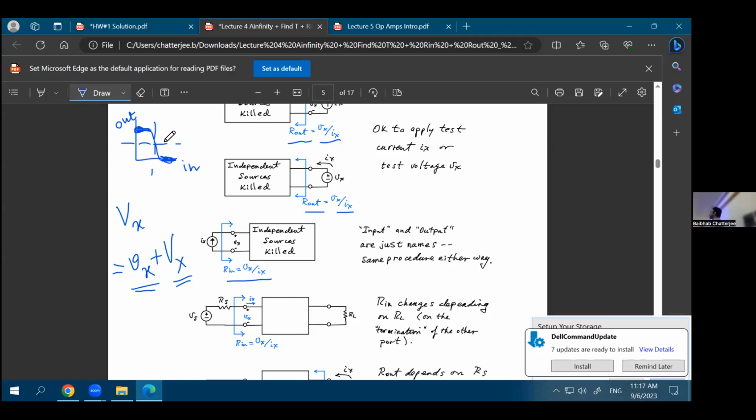If you have a dual supply, if your VDD is 5 volts and VSS is minus 5 volts, if you have an op-amp which works with a 5 volt supply and a minus 5 volt supply, then what is the midpoint of these? 0, right?